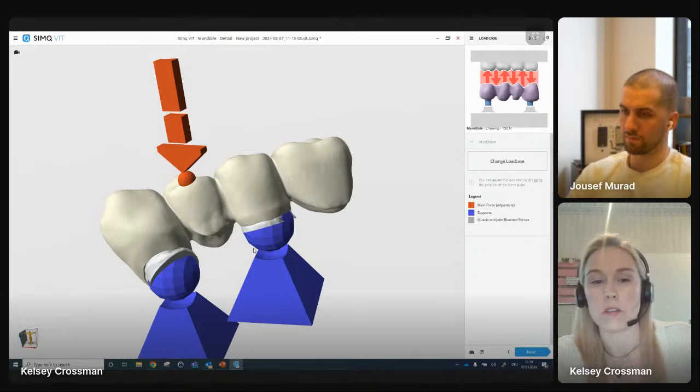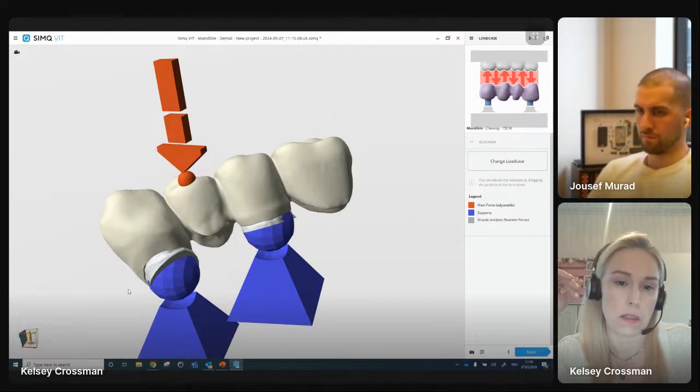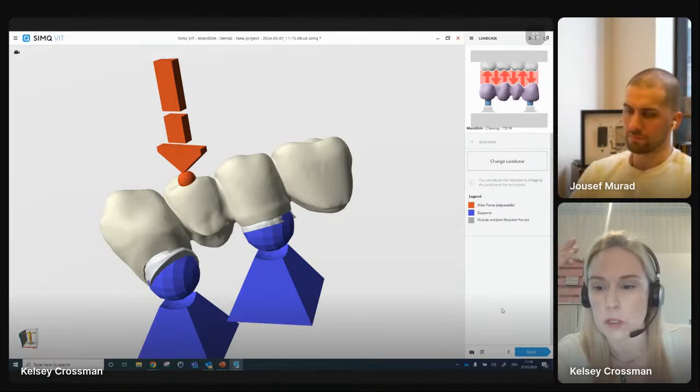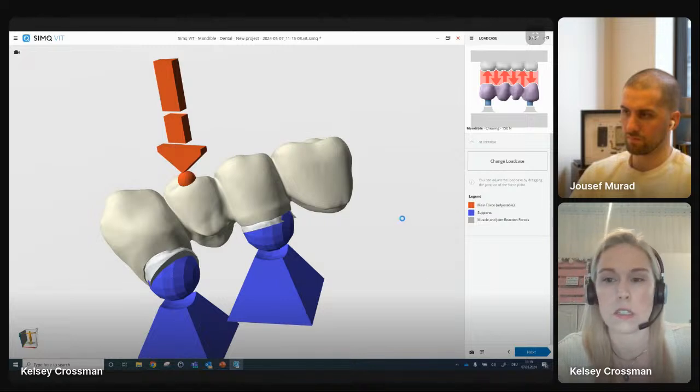In this workflow, these are where the supports are. This is the anchoring, and this is how the simulation is applied. So the force down here, and then this is the base, because you have to apply force on a fixed space. Otherwise, it can't, physics. So you just click next.